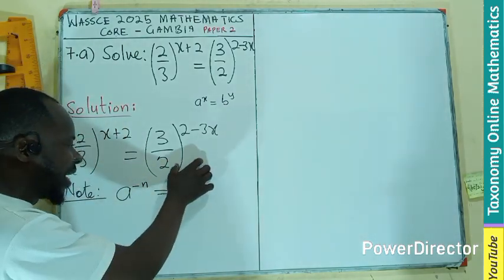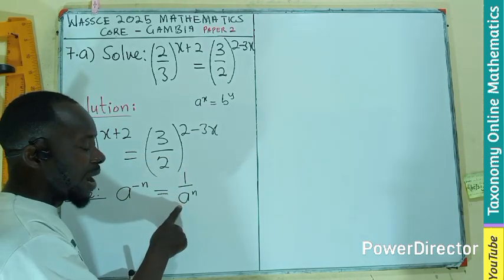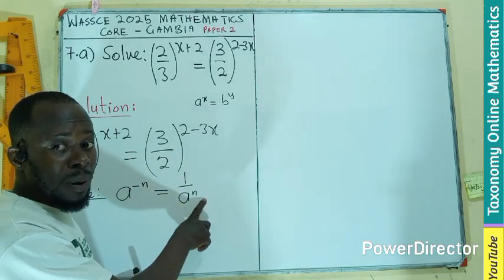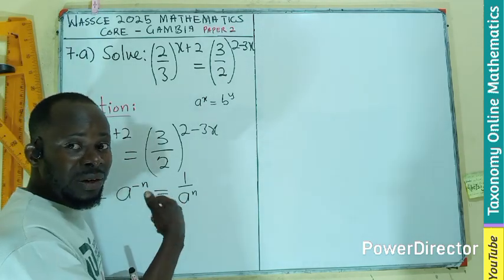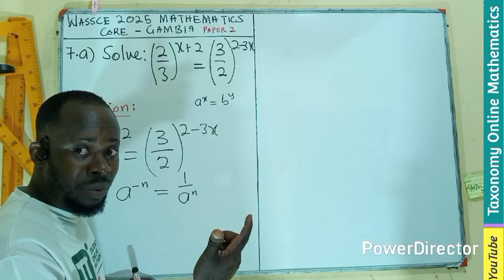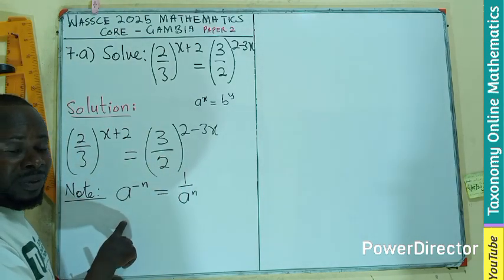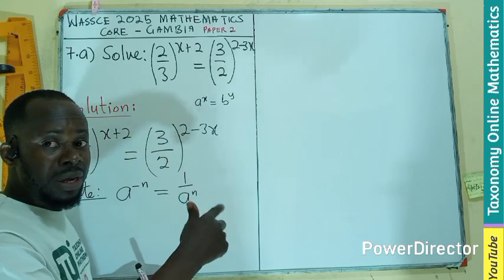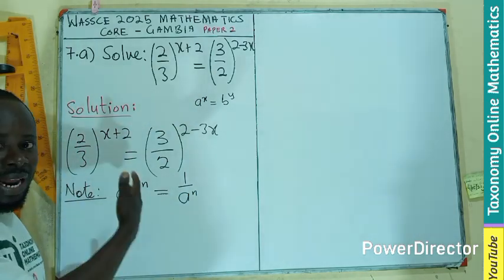You can see right here that this is 1 divided by a base raised to the power n. Then the a has a natural 1 as its denominator. So when this comes down, it is here without being written, then the power which used to be positive is now negative.